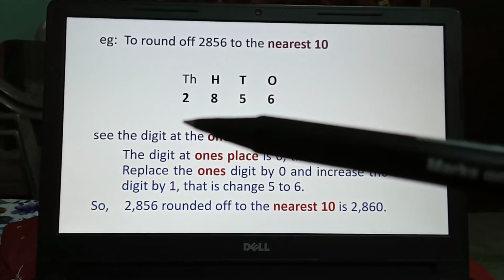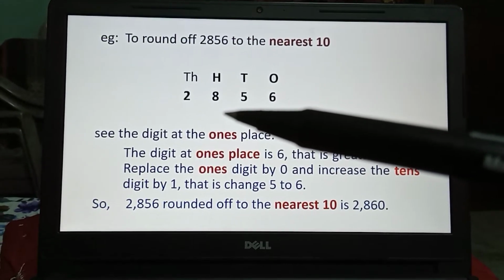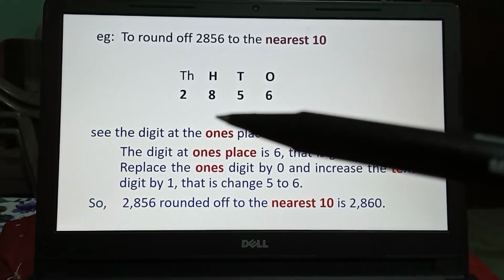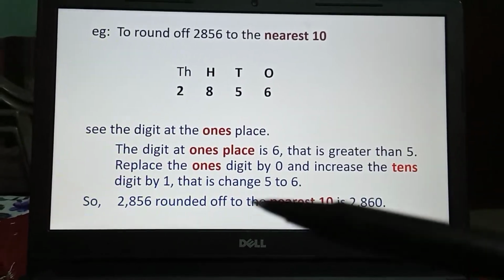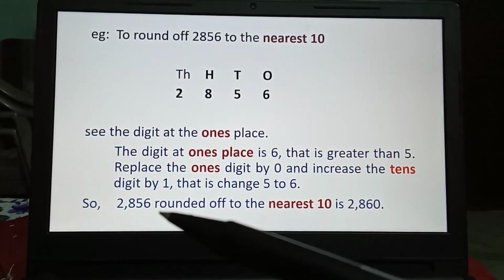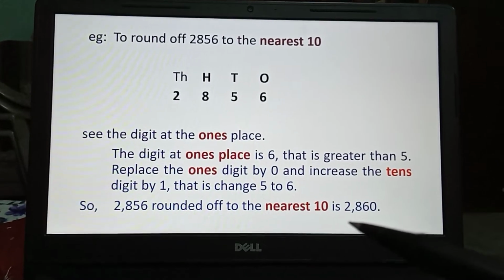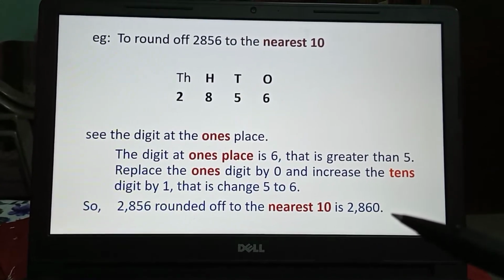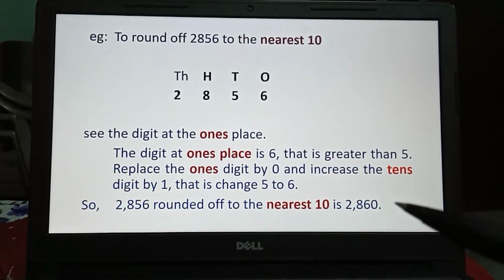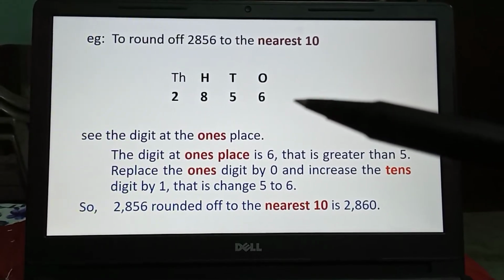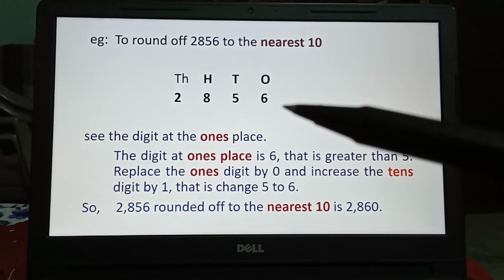So our converted number, our nearest 10 rounded number, will be 2860. So when we round off 2856 to the nearest 10, our result is 2860.